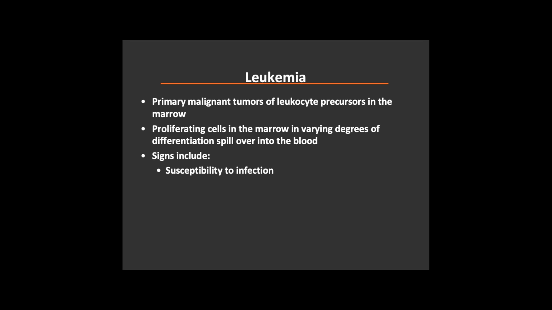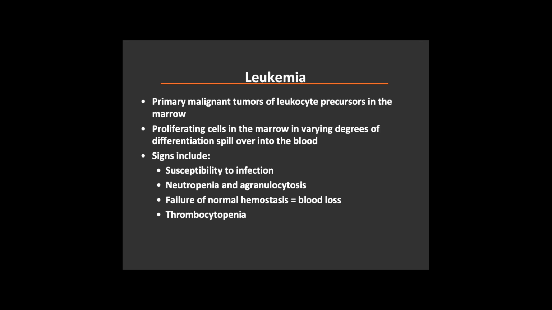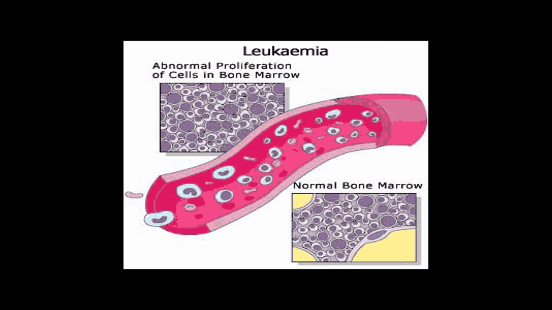Signs include susceptibility to infection, neutropenia, agranulocytosis, failure of normal hemostasis, which would allow for blood loss, thrombocytopenia, and it can metastasize to the spleen, liver, the meninges, and most commonly to the lymph nodes.